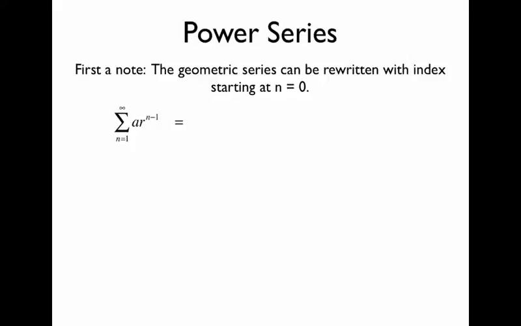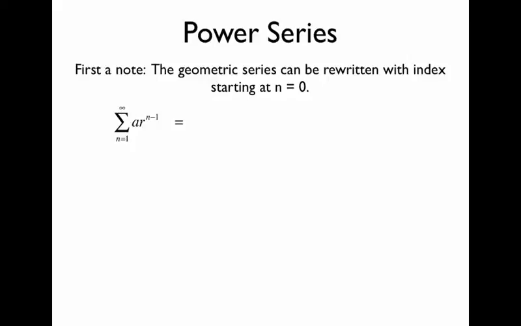Okay, so we see that, we think what, Brandon? AR times AR to the n? Yeah. He wants AR times AR to the n. Is that what you think when you see this?